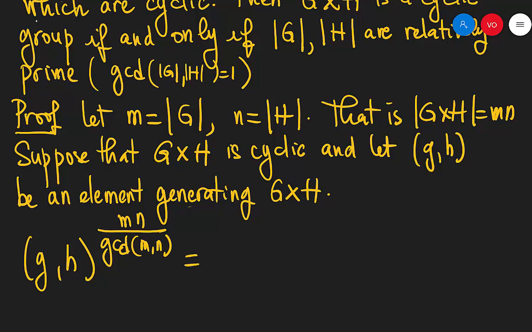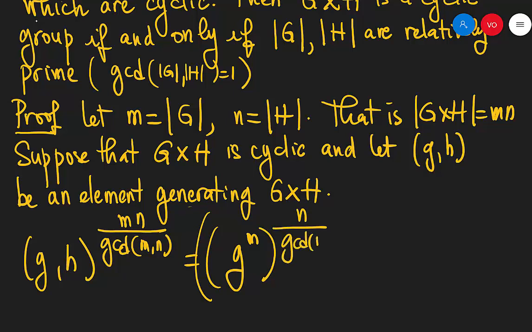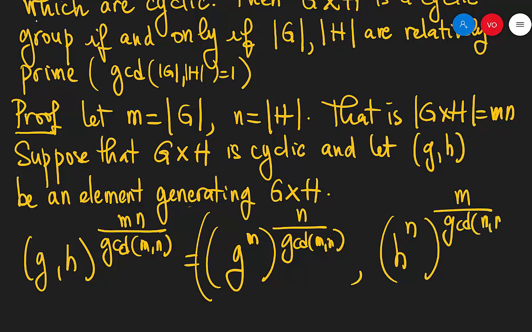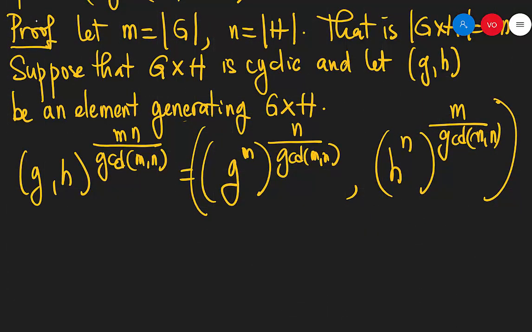This will be g to the power M times N over the GCD of M and N, and this will be h to the power N times M over the GCD of M and N. Now, this is clearly going to be the identity, right?